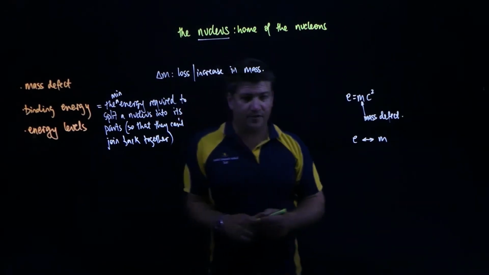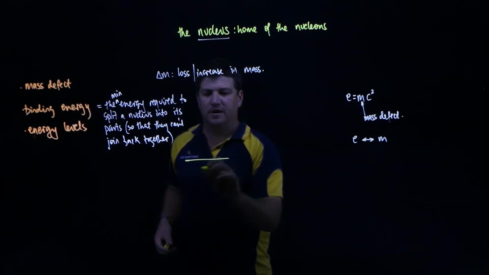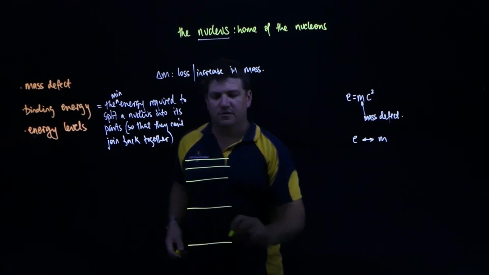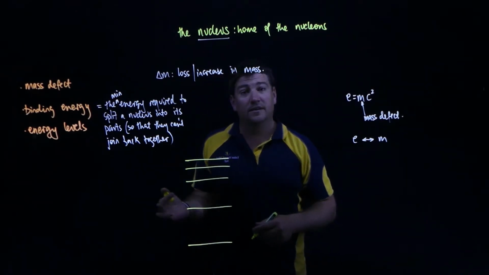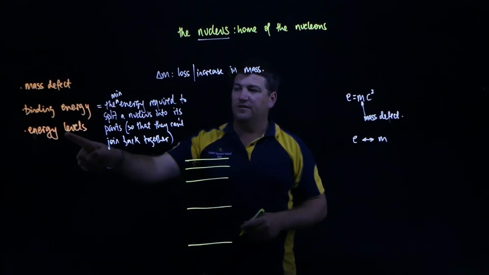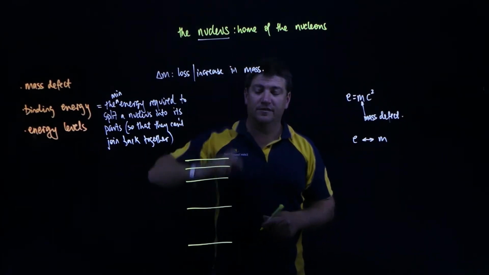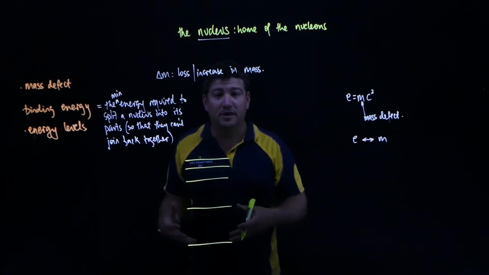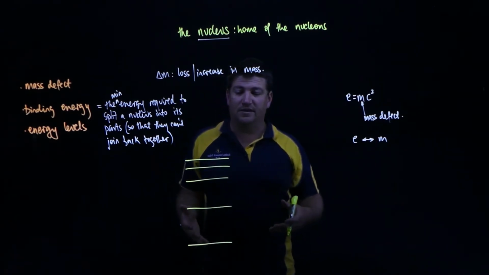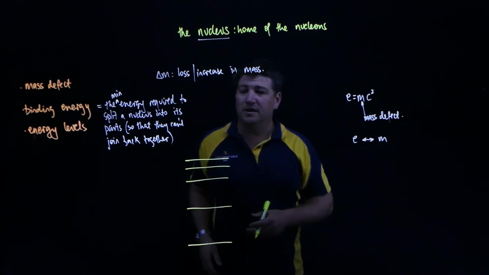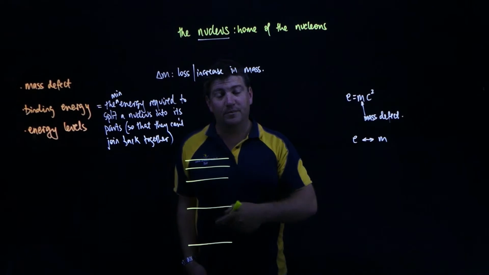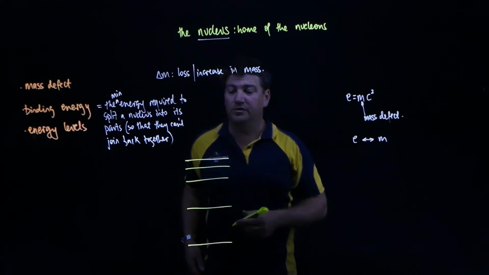So you can remember from the last stuff when we were talking about emission and absorption spectra, how we have a whole bunch of energy levels for the atom. We've actually got energy levels for the nucleus, all right? And these energy levels are different for each atom or each element based on how much mass defect they had when they were bound together or built, I guess.